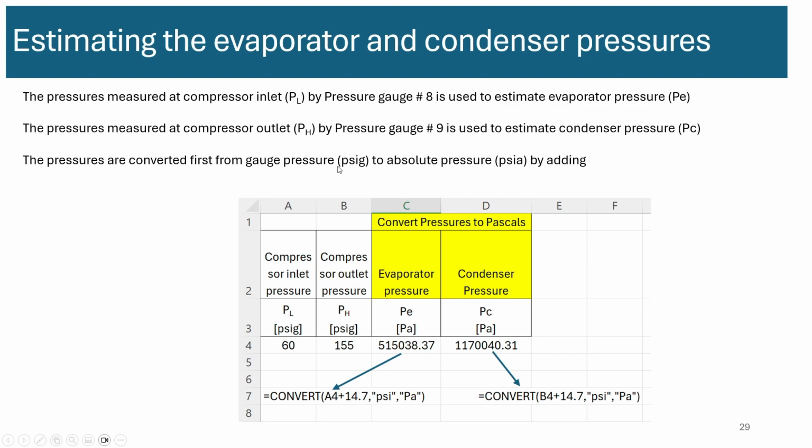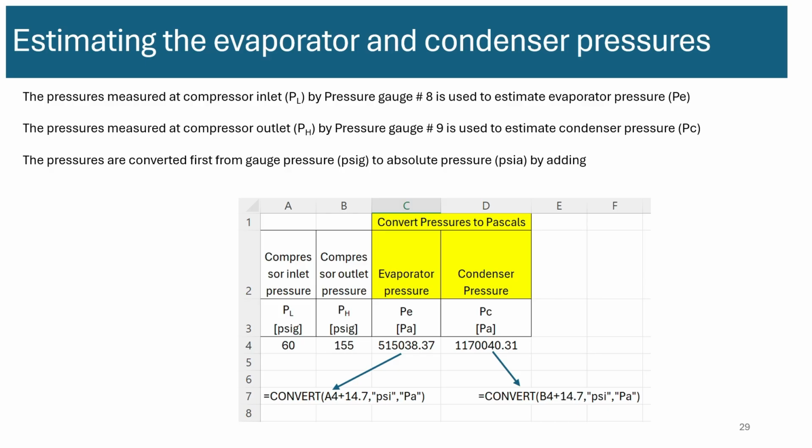As you're already aware, the gauges measure the pressure as gauge pressure in PSI. So we have to convert that to absolute pressure in pascals. The first thing we do is add 14.7 psi to convert it to absolute pressure, and then convert psi to pascals using the Excel convert formula. You could use other methods of converting.